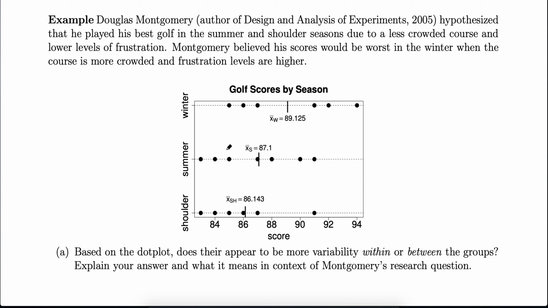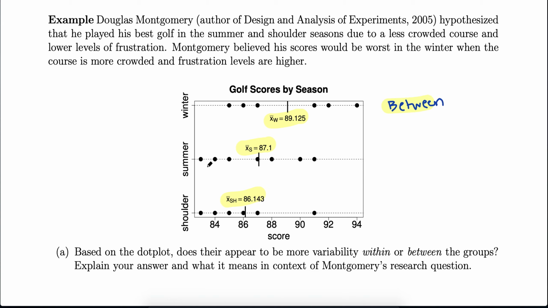Even though I'm in the summer, there's still variability and differences. And the between variability is comparing the mean for each group, the average score during each season. That highlighting is showing the between variability.